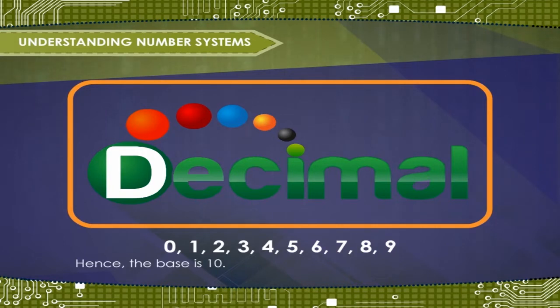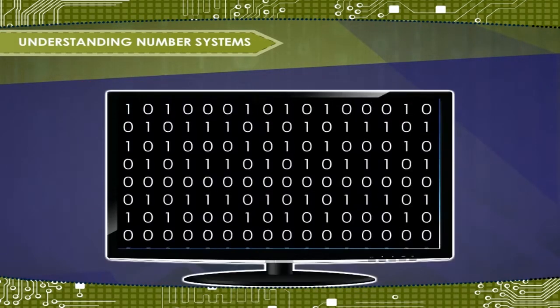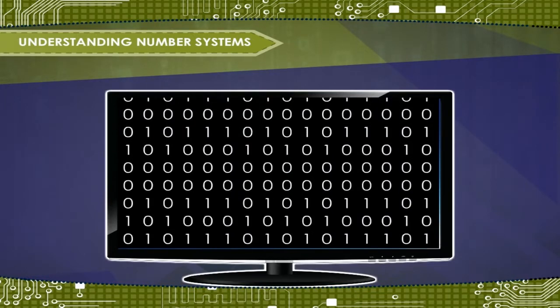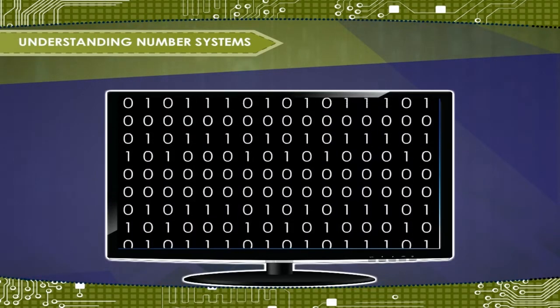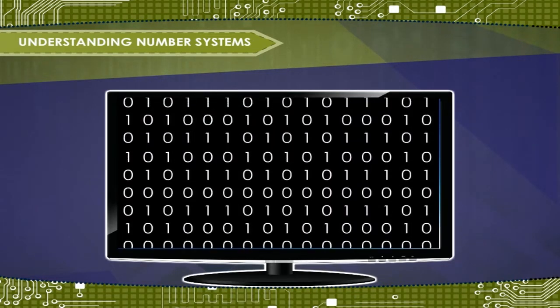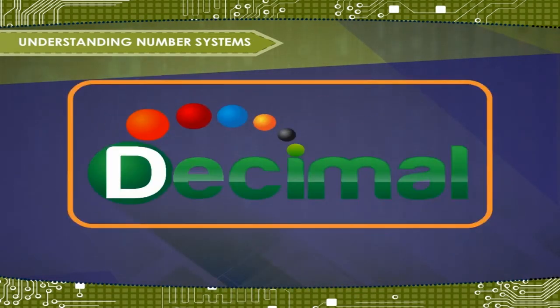Hence, the base is 10. A computer uses a binary number system, which can have only two values, 0 and 1. Hence, the base is 2.